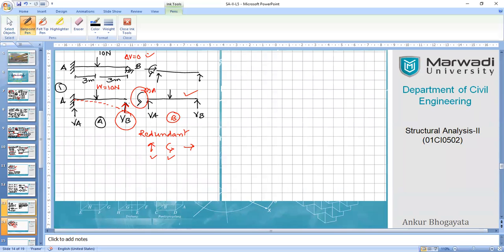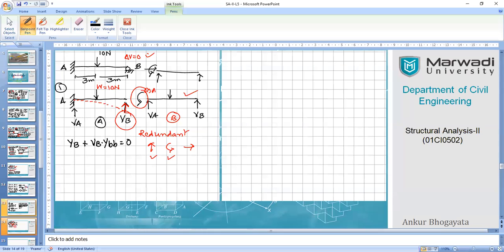For this joint B, the deflection at B due to external load, capital YB, plus the deflection due to the vertical reaction, which resists the deflection at B, should be 0.